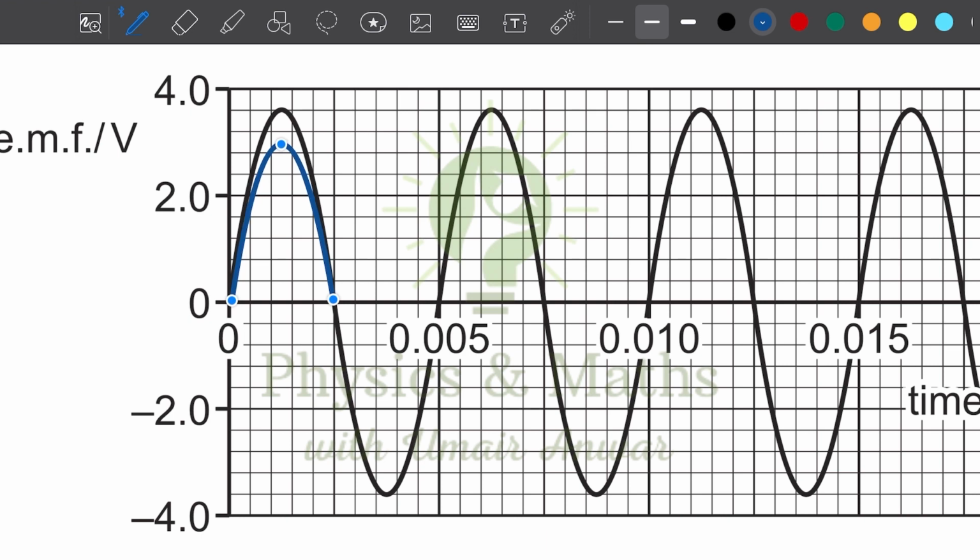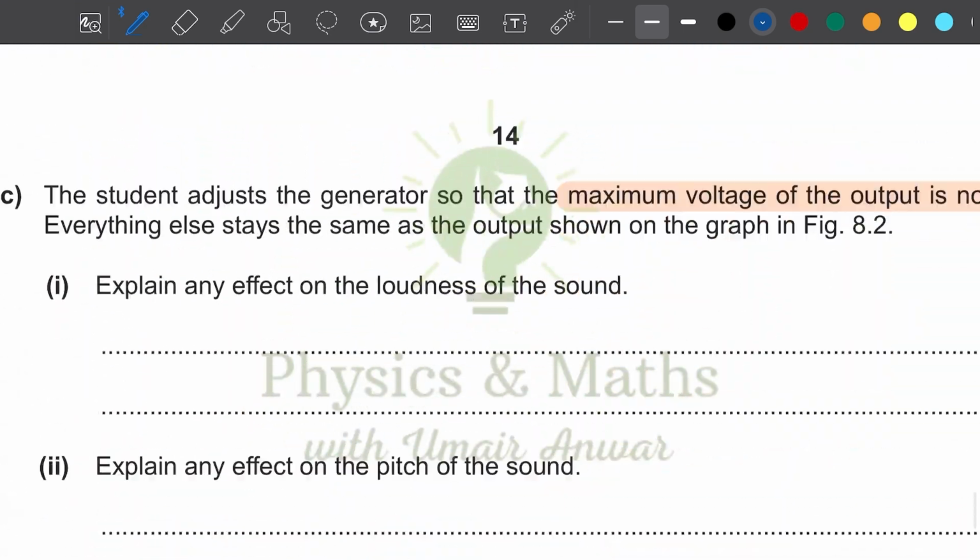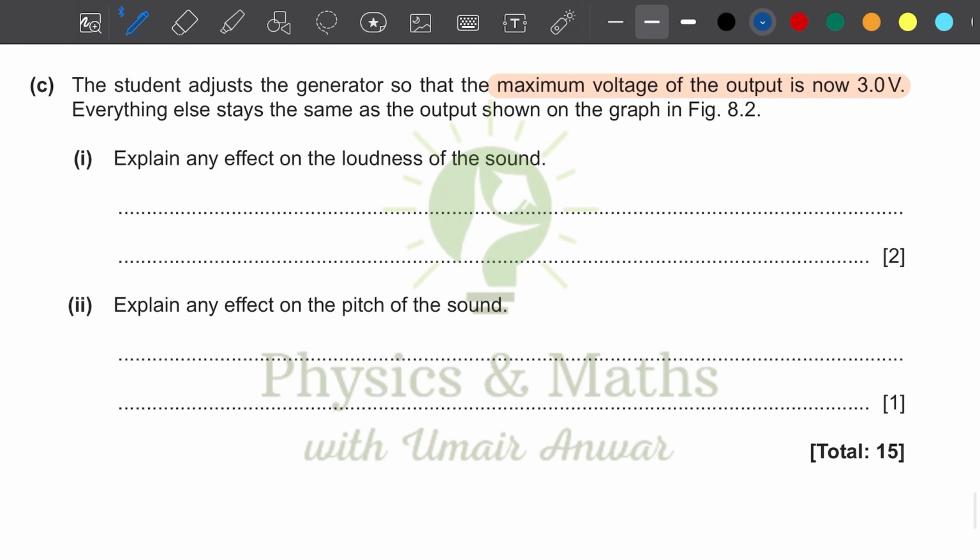So we have a wave whose amplitude is 3 volts now, and the amplitude has decreased a little. So the decrement in the amplitude shows that there is decrease in the energy, and when there is decrease in the energy, the loudness decreases.